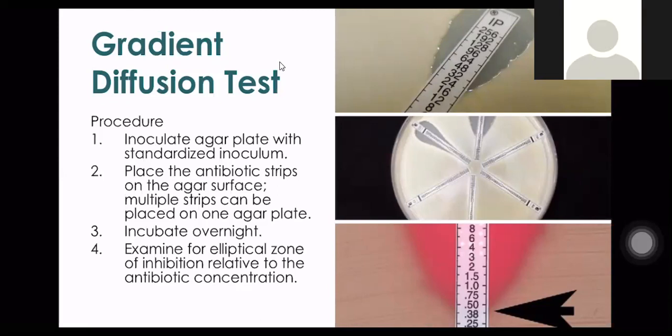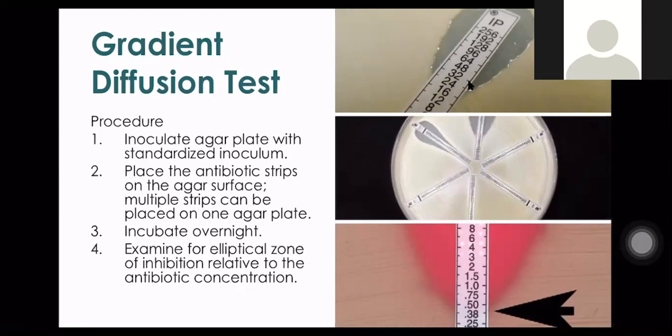Okay, so that is our MIC, 24 milligrams per ml. Where the zone of inhibition intersects the strip, that is the relationship related to the antibiotic concentration.